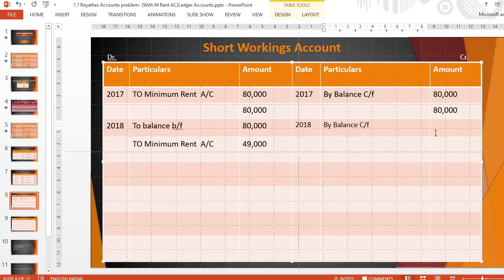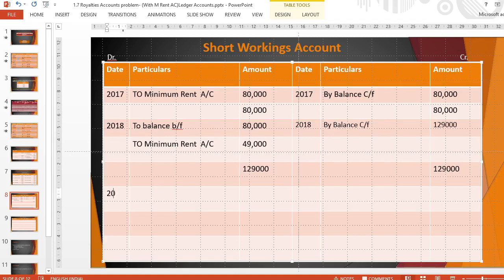So it is debit side 1,29,000 rupees and credit side total 1,29,000 rupees, and this balance is carried forward to next year. So in the year 2019, I'll write to balance brought forward, and this brought forward balance is 1,29,000.